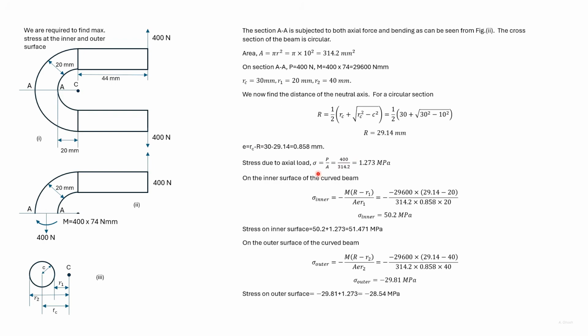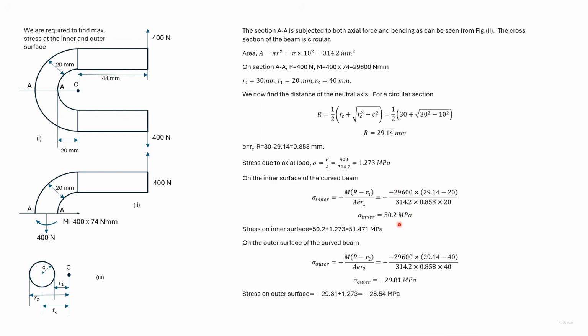The stress due to the axial load is P divided by A, which we have obtained here. The stress due to moment is given by this expression. Here the moment is trying to reduce the curvature, so the moment is negative.